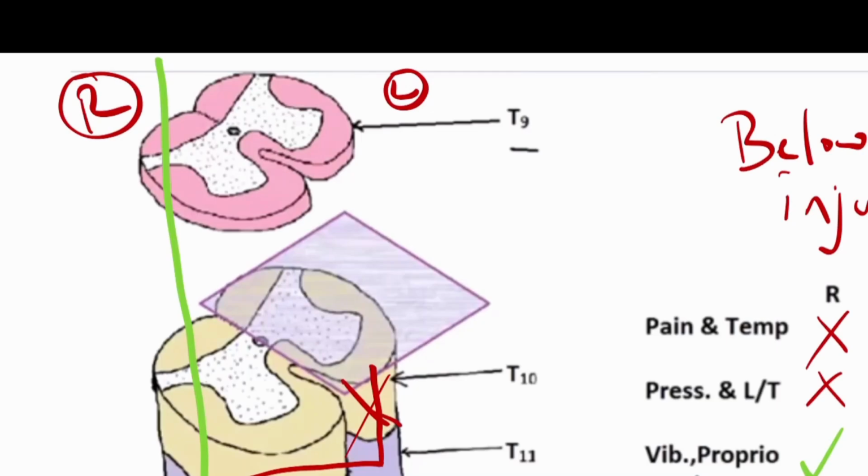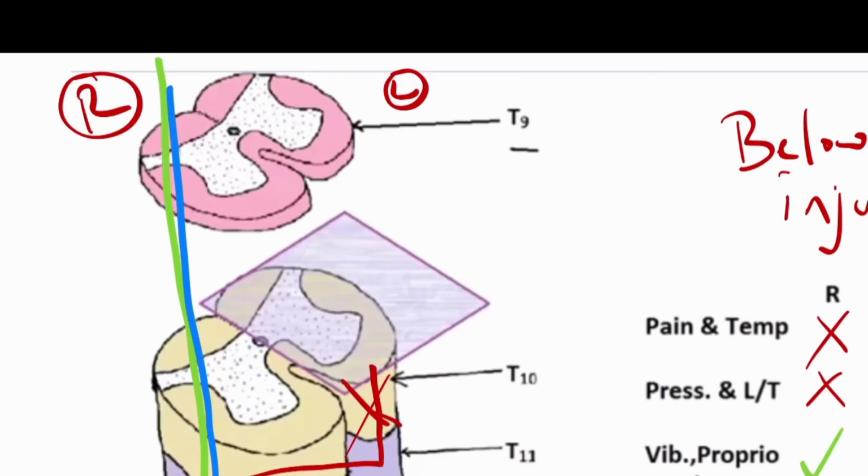Go higher. Medulla. Motor crosses in the medulla. So blue, going to come in, work its way up, then it crosses over later. So are you going to have any problems with motor function on the right leg below the injury? It's going to be fine.